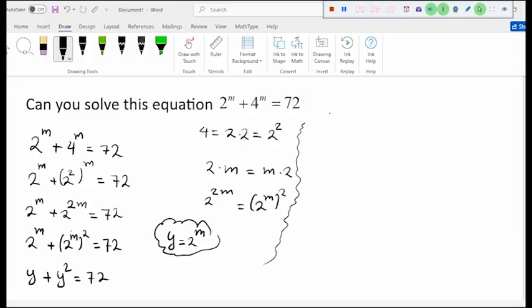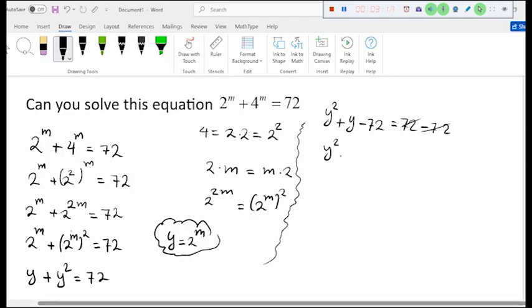Here we can write y squared plus y minus 72 equal to 72 minus 72. Then subtract, and we get y squared plus y minus 72 equal to 0.